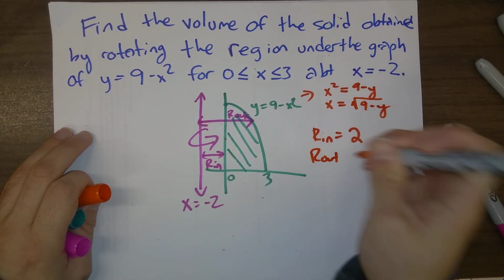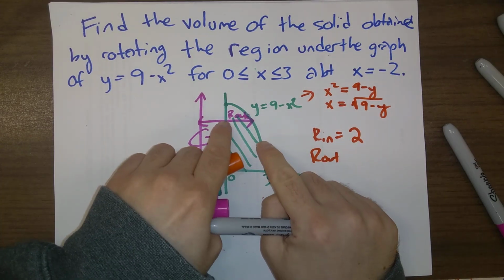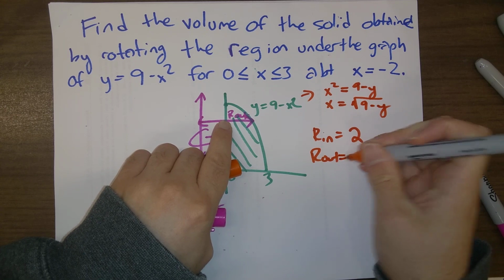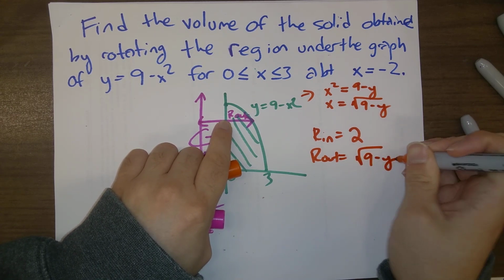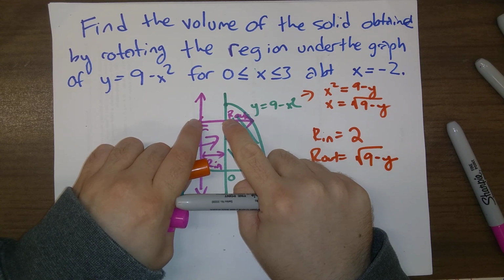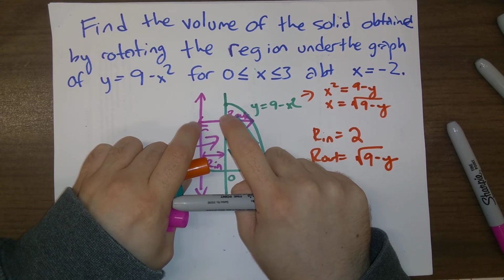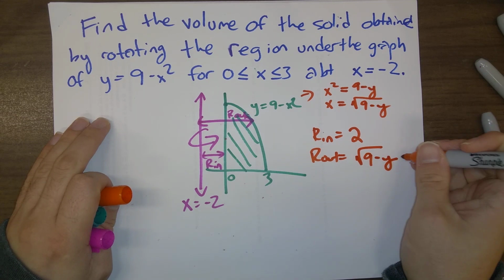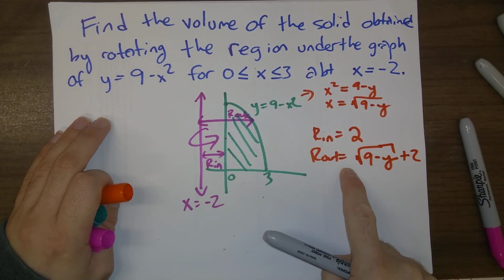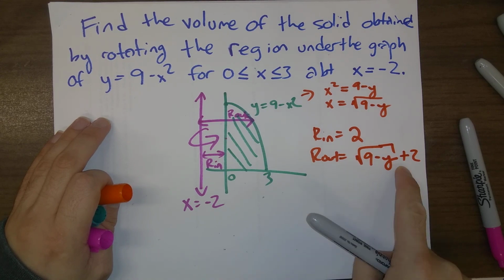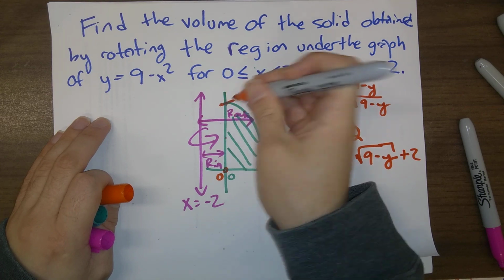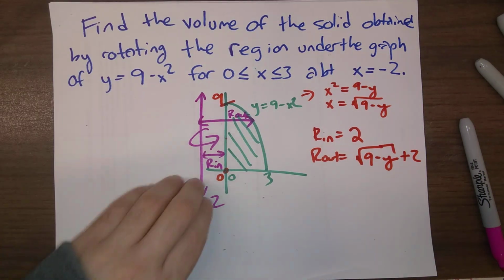So this tells us that the outer radius, so the distance from here to here, is the square root of 9 minus y. But then once again, we're rotating around x equal to minus 2, so we have to account for that by adding 2 on there. So the inner radius is 2, the outer radius is square root of 9 minus y plus 2, and here is 0, and up here is 9.